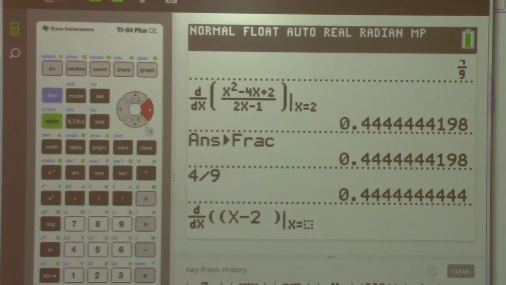X minus 2, x squared minus 3x minus 1, is that what it was? And we're going to plug in -1 for that. I think I wrote another parentheses here. Plug in -1. We should get 18, I hope.